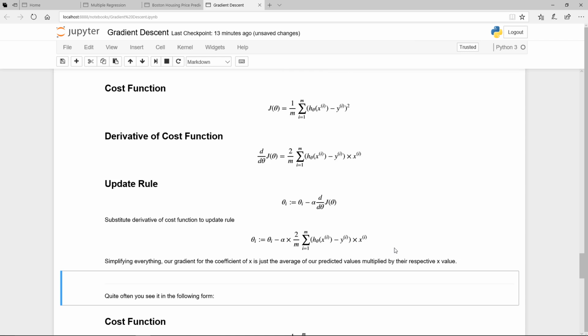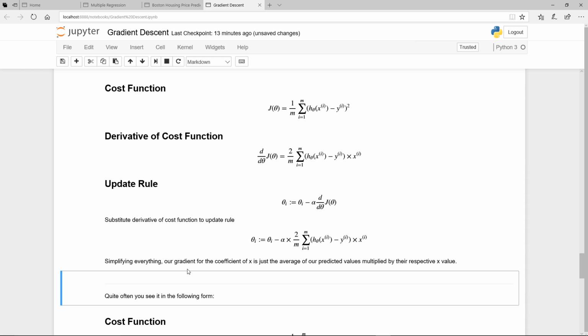All right, so notice that this is a bit irritating. It's a bit untidy, let's put it this way. But nevertheless, if you start off with the cost function, this is the actual derivative. And when you substitute the derivative into the update rule, this is what it looks like.